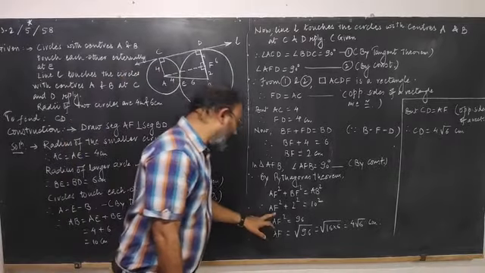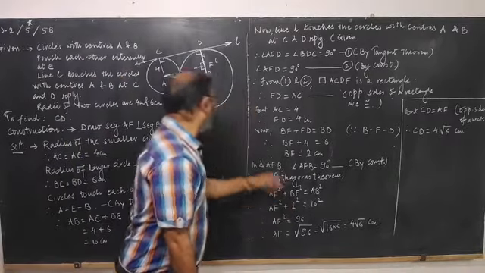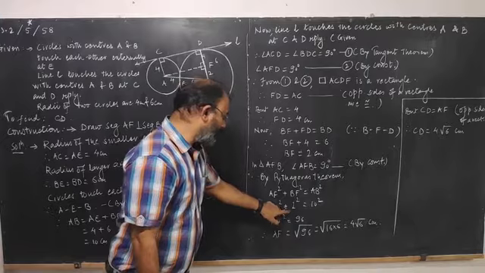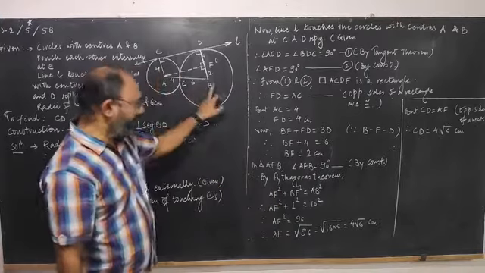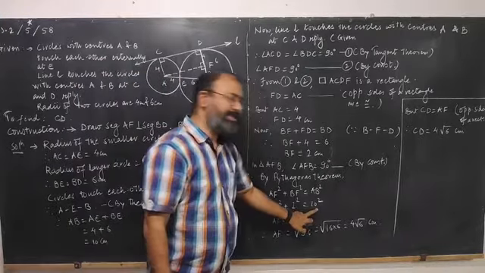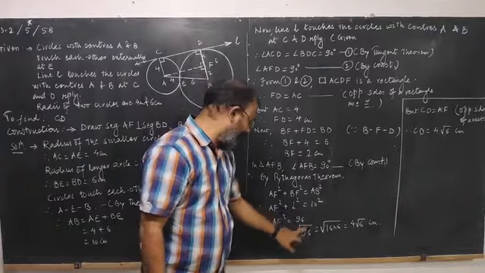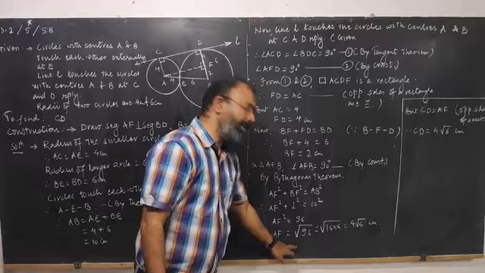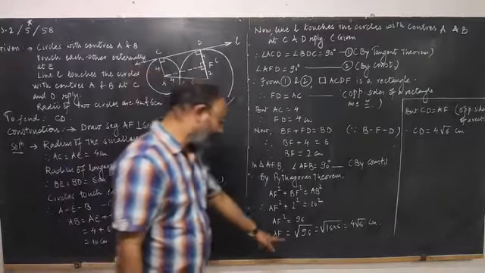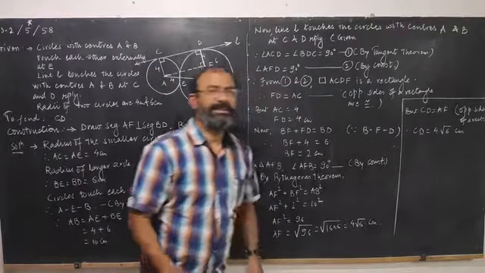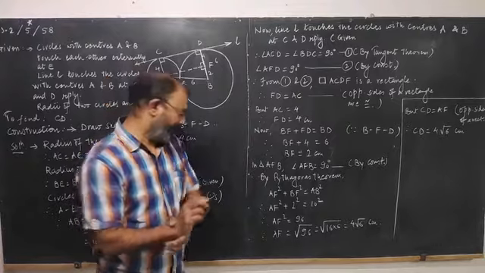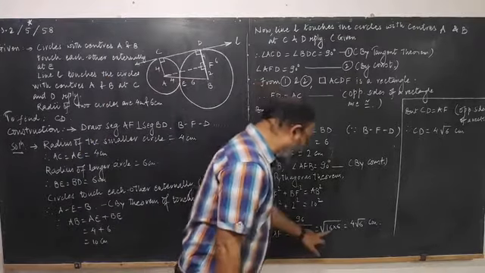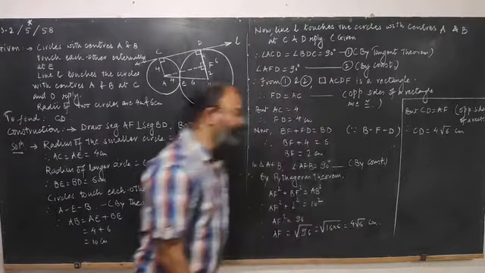So AF square, BF we have calculated 2, so 2 square, AB is 10, so 10 square. 10 square is 100, 2 square is 4, 100 minus 4 will be 96. AF square is 96, so AF will be root of 96. 96 can be written as 16 times 6. Square root of 16 is 4, so this is 4 root 6.